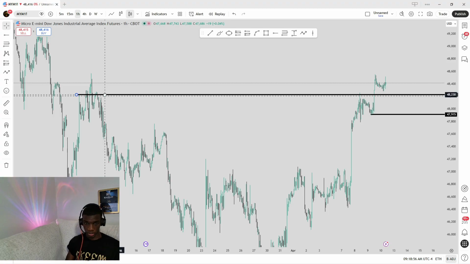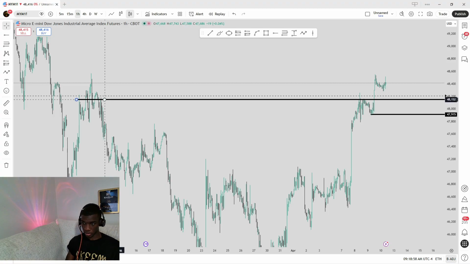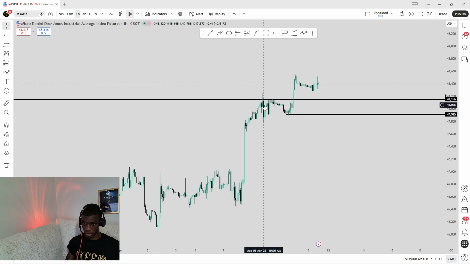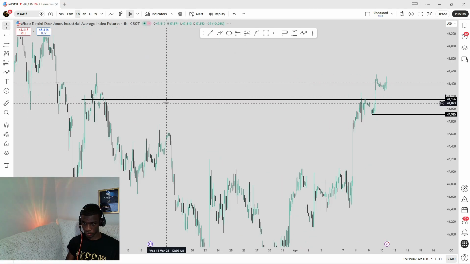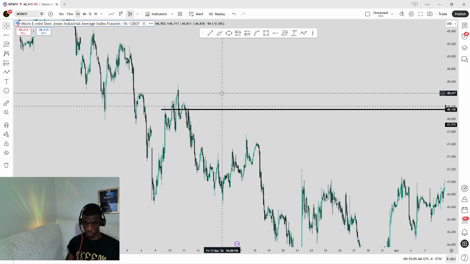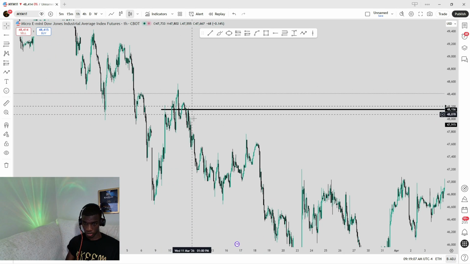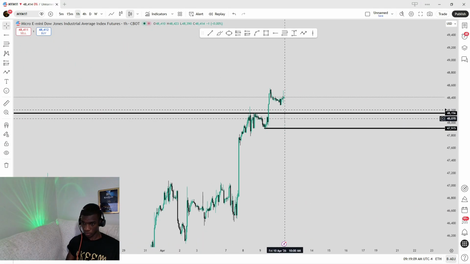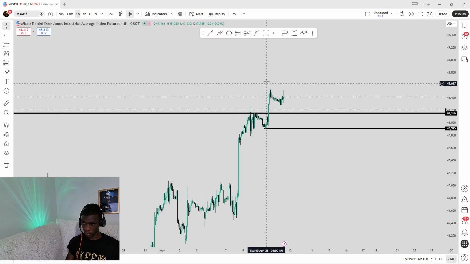I could put this here, but I'm working with this high here, or even this here, right? So these lower shoulders, so that's a higher high.